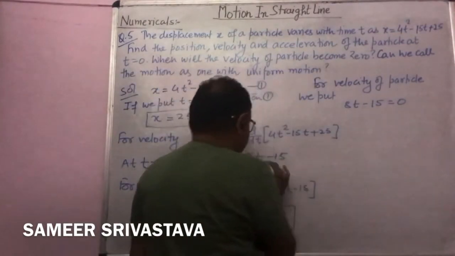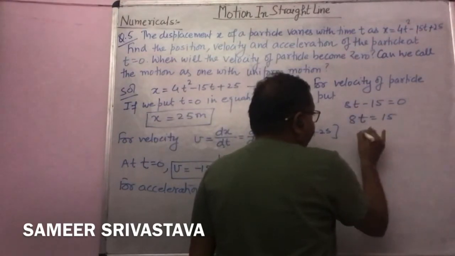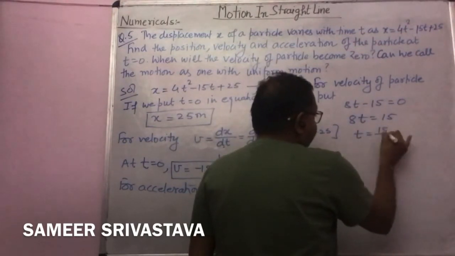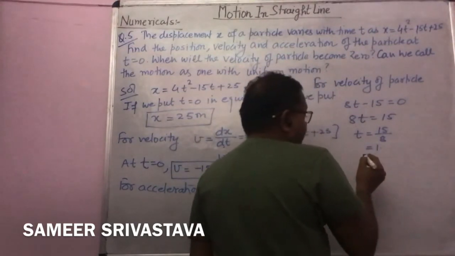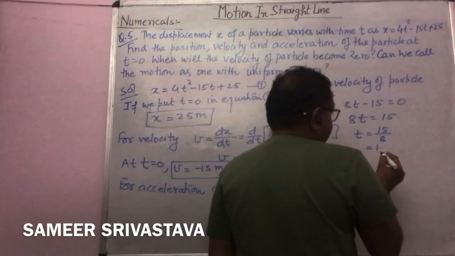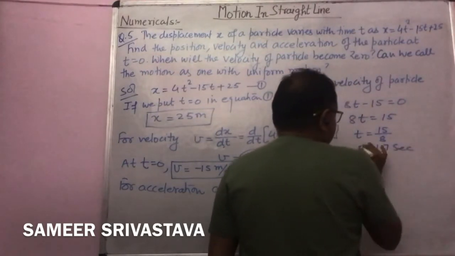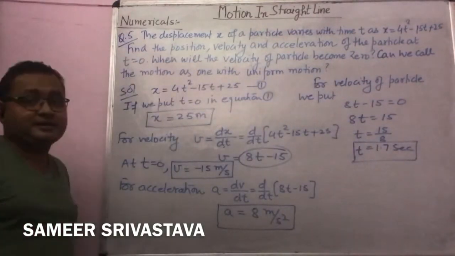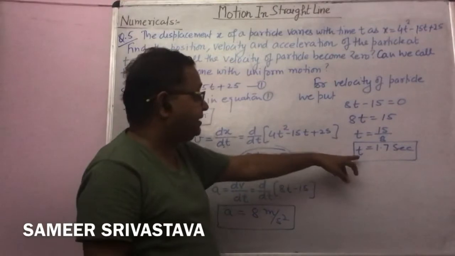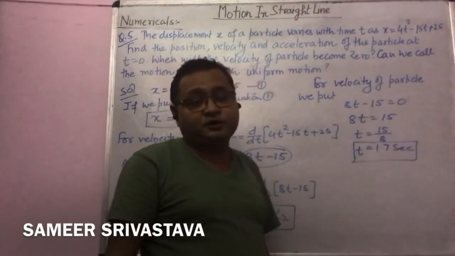So we put the velocity equation as 0. So here we get 8t equal to 15, or t is equal to 15 upon 8, or 1.7 seconds. So time is near about 1.7 seconds. Okay, so this is the second question, when the velocity becomes 0. At that time, 1.7 or 15 by 8 seconds, the velocity becomes 0.